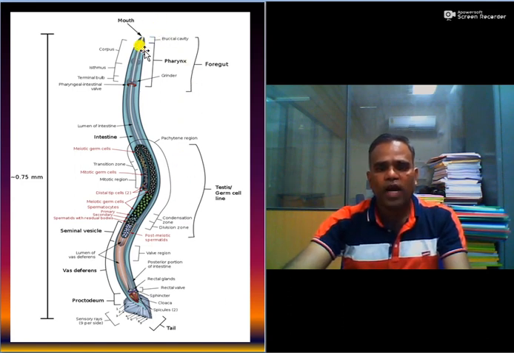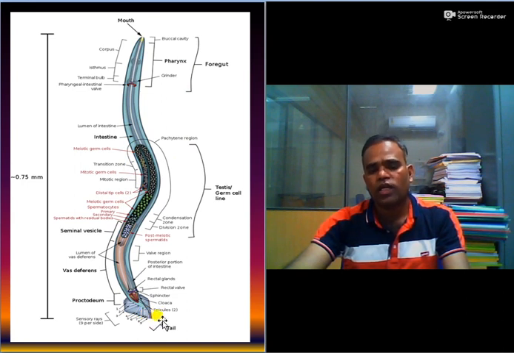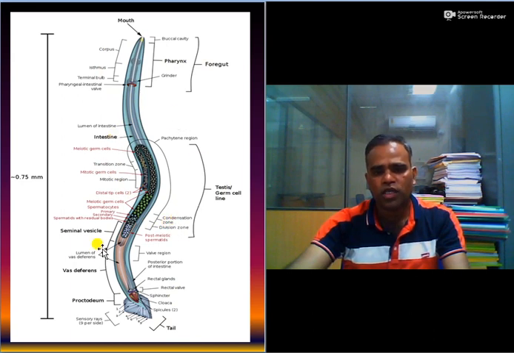All the parts of this nematode are well sketched, so you must keep in mind all the things: foregut, midgut, hindgut, parts of the pharynx, intestine, parts of the reproductive system, even the seminal vesicle or vas deferens.